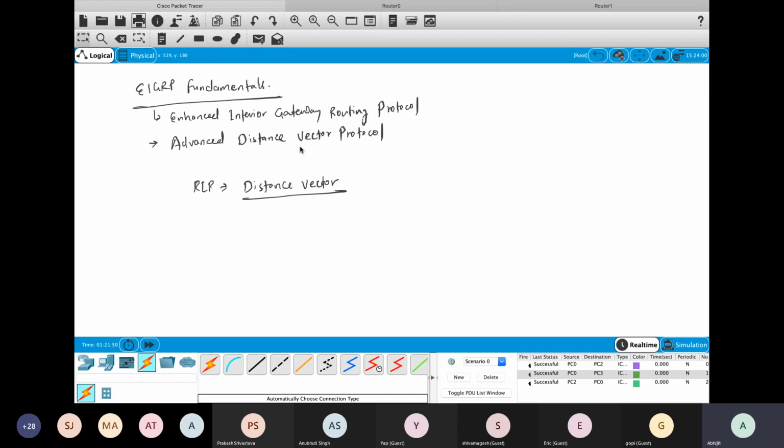If you have a scenario where you have R1, R2, and R3, and you are directly connected with R1 and R2, and R3 has a destination network of 30.0.0.0, then your R1 has a way to forward that traffic via this path, or it can forward the traffic the other way as well.